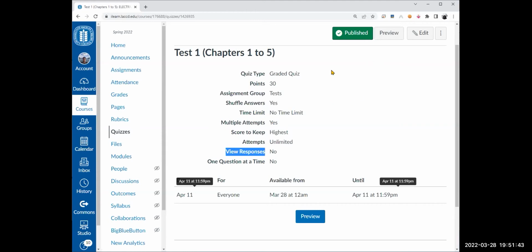The last date to try is the same time, April 11, 11:59 p.m. And you can try multiple attempts. At the end, the system just picks the highest grade. There are some multiple choice questions based on that.